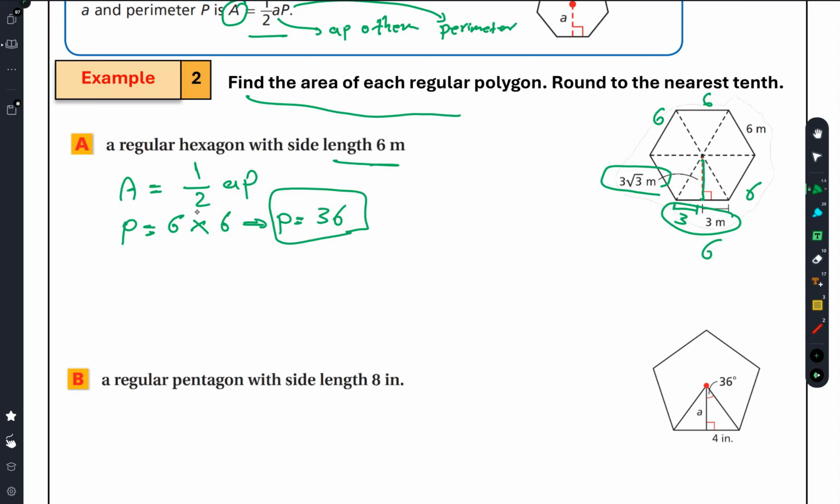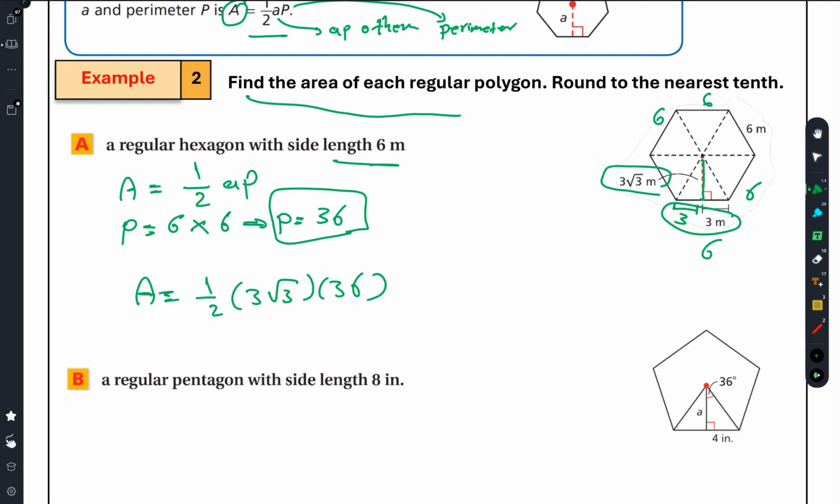I found P. How about A, already given? So I can say area equals 1 over 2 times A, already given 3 radical 3, times 36. You can write all of them in the calculator: 1 over 2 we can say 0.5, times 3 radical 3, times 36.